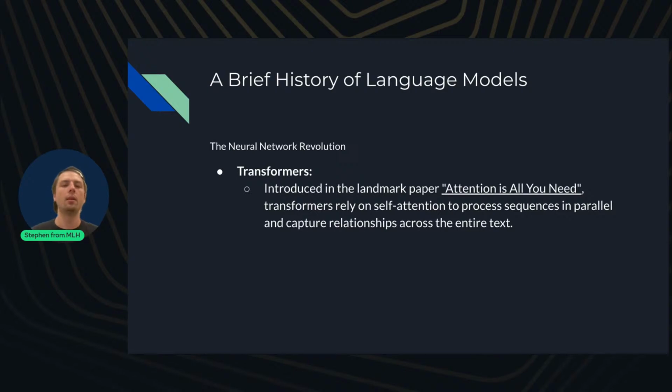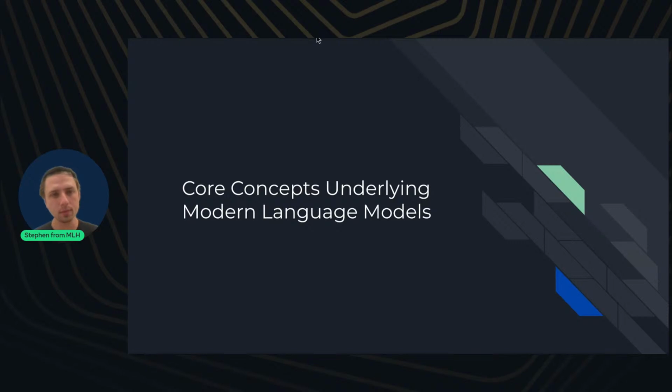So now we're actually going to look at all of the different elements of the sentence all at the same time, instead of just looking at some fixed context window. And so we're going to talk about some of the core concepts that underlie these transformers. That's really what we're going to talk about.